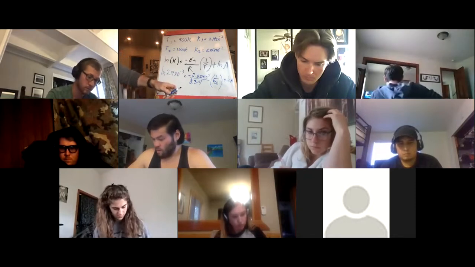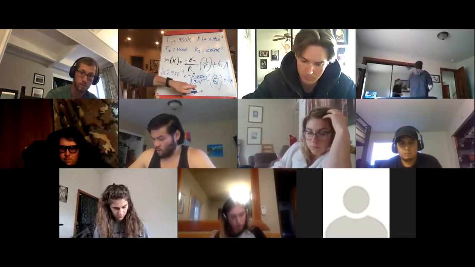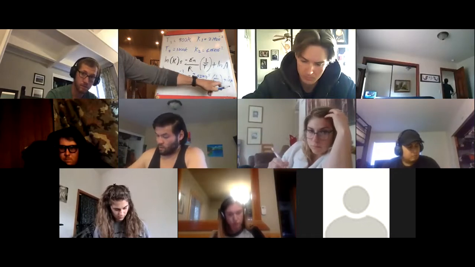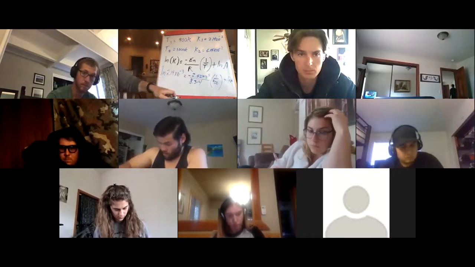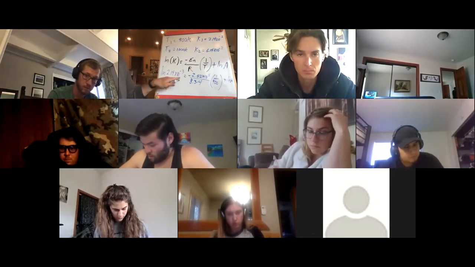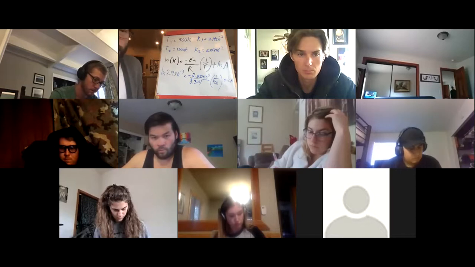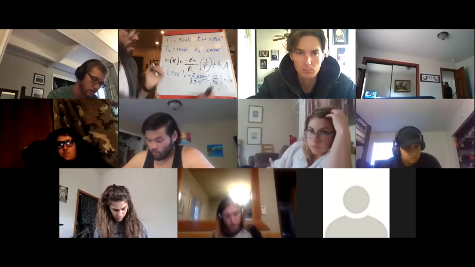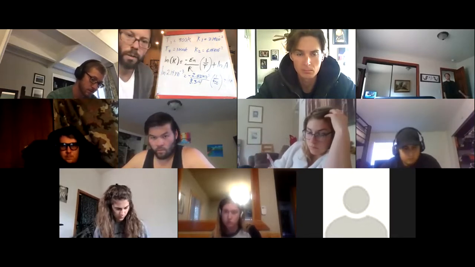This would be joules per mole Kelvin. This would be Kelvin, and so forth. But this would be s to the negative 1. It's just kind of hard with limited whiteboard.